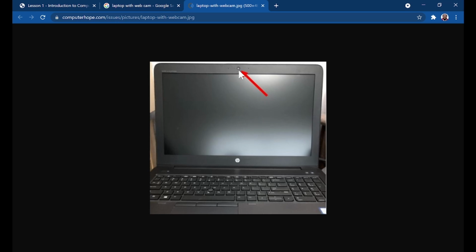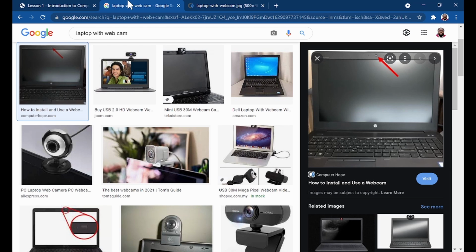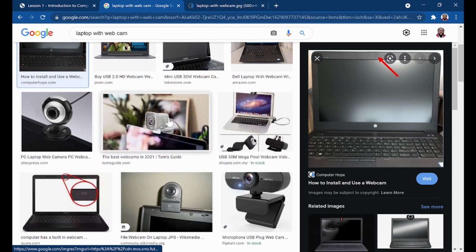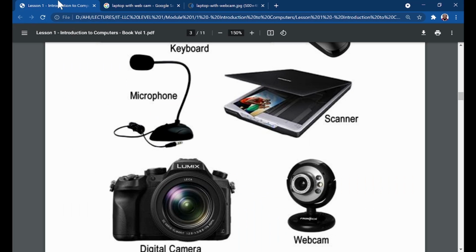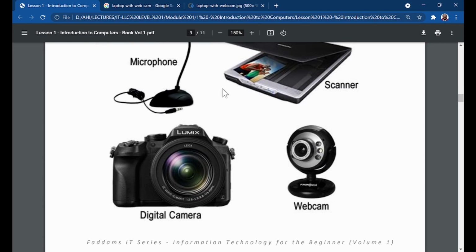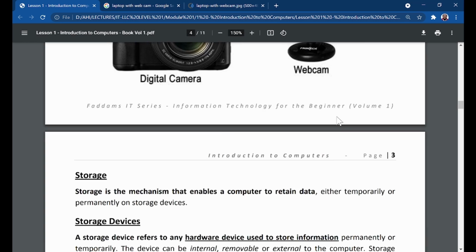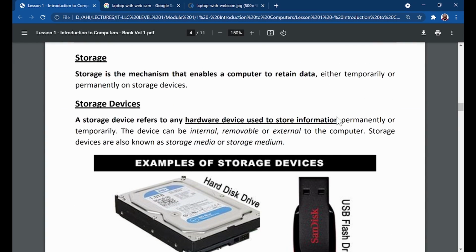Yes, you can see that in most laptops, right? That is what we call a webcam. All right, so that is a webcam. These ones are standalone webcams, but today they are mostly in laptops. So that is a webcam. All right, let's look at storage devices.